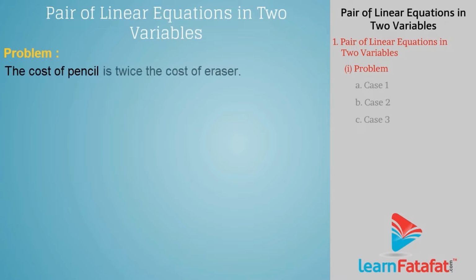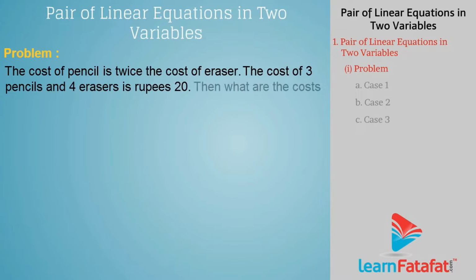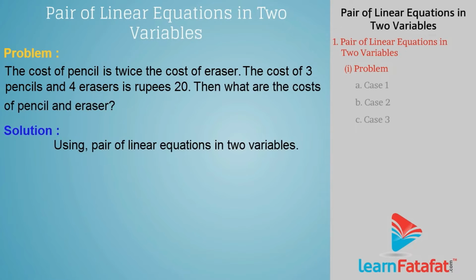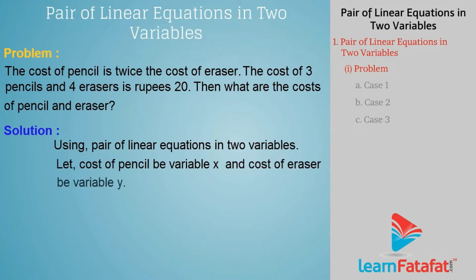Problem: the cost of a pencil is twice the cost of an eraser. The cost of 3 pencils and 4 erasers is rupees 20. Then what are the costs of a pencil and an eraser? Solution: using a pair of linear equations in two variables, let the cost of a pencil be variable x and the cost of an eraser be variable y.